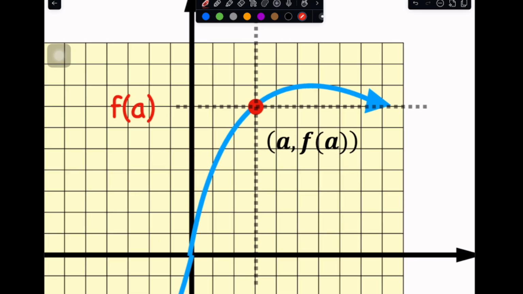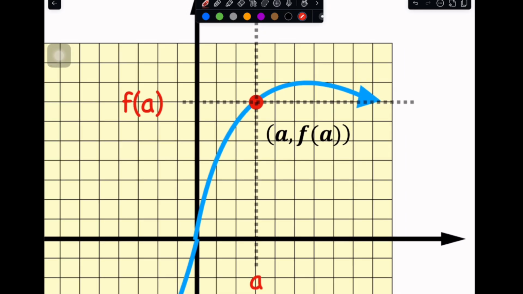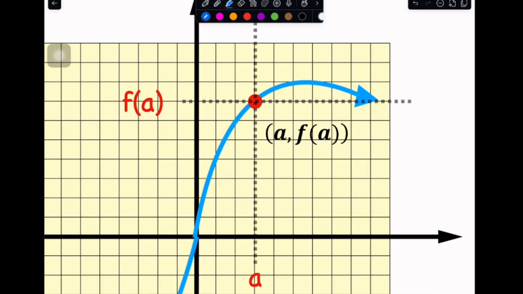Now, I want you guys to look at this picture, because what you see here is three things. You have the left-handed approach to A. All those values of x are approaching A from the left. Is that right? And you have the right-handed approach as well.